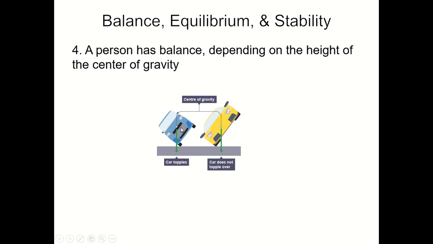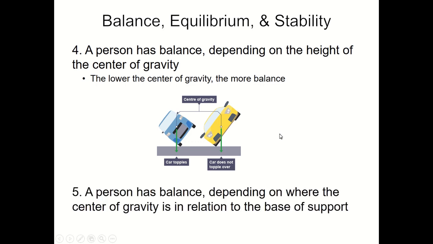As you're going around a corner, the car with the smaller base of support and higher center of gravity is going to lose its base, right? It's going to be unbalanced compared to one that has a wide base of support and a low center of gravity. The lower the center of gravity, the more balanced you are.